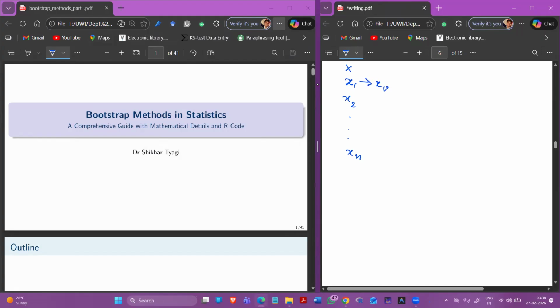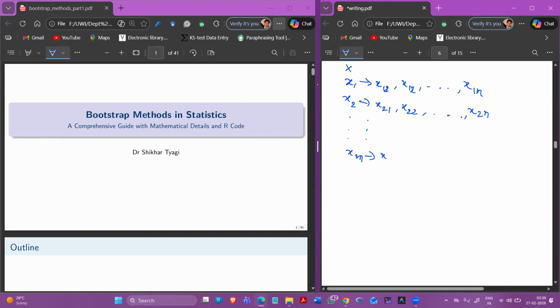Like here, you had the observations x11, x12 up to x1n, and in x2 you have the random observations, the trials, x21, x22, and so on up to x2n, and so on up to xm, which is the sample.